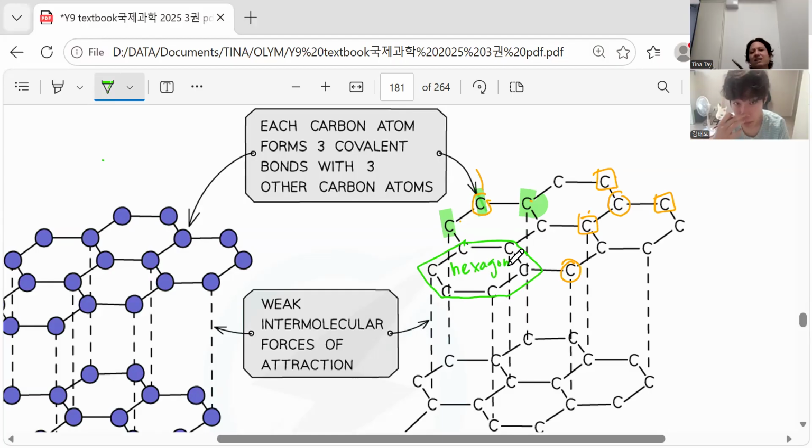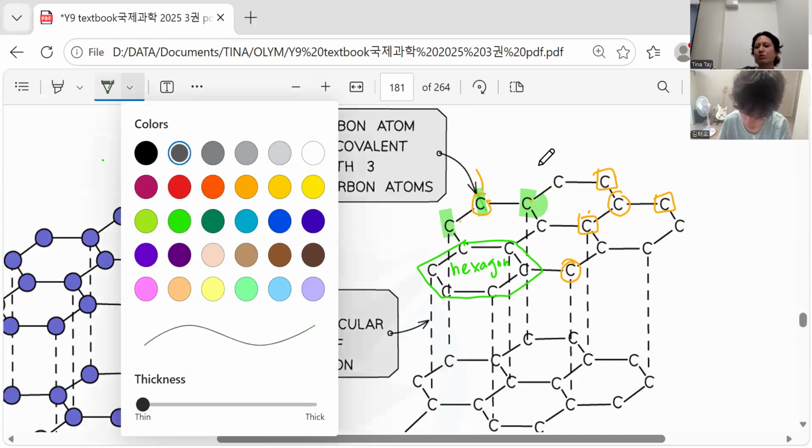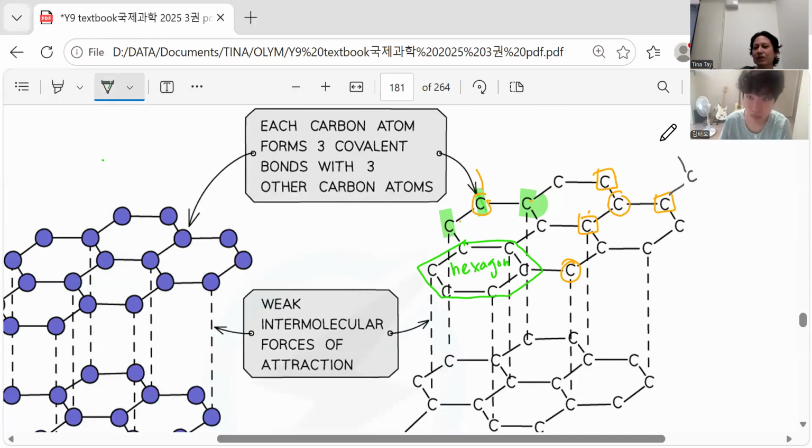So they say that each carbon atom forms three covalent bonds with three other carbon atoms, and it forms a hexagonal layer. How long does this layer go? It doesn't just stop here. It goes on and on and on for a few million atoms. Get it? So it's one big layer, and that whole layer is called one giant molecule.